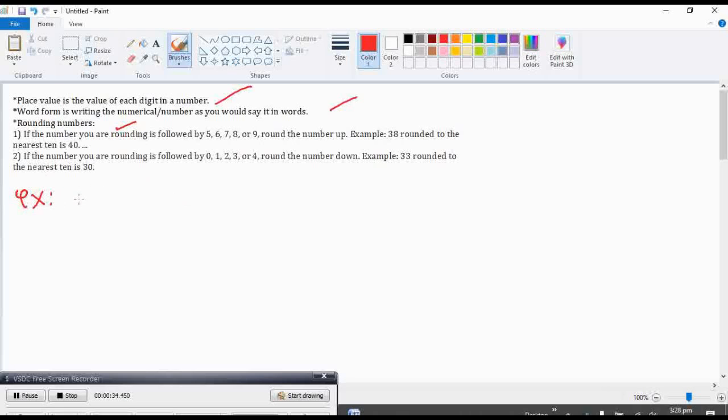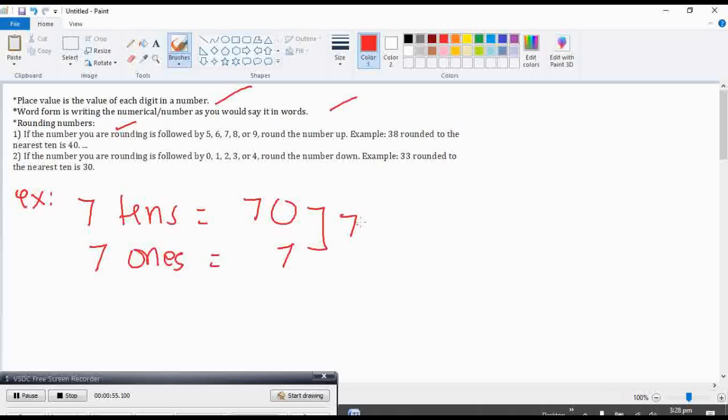Example, you have 7 tens. 7 tens will be automatically 70, as well as if you have 7 ones, it will be giving you 7. And the standard form of this number is 77.